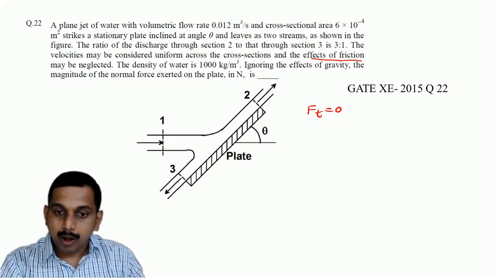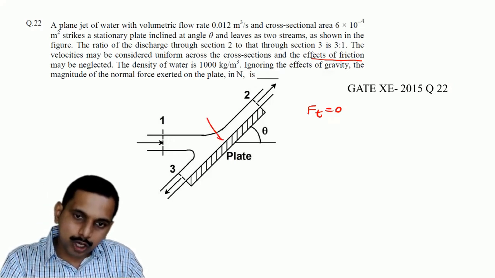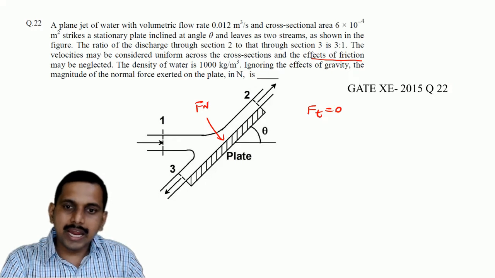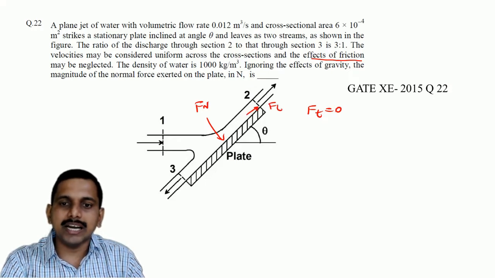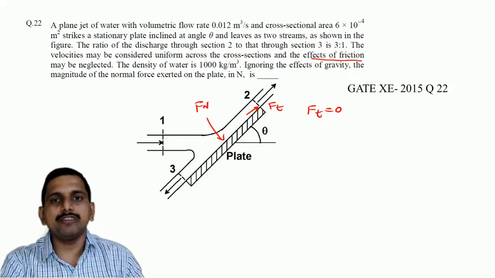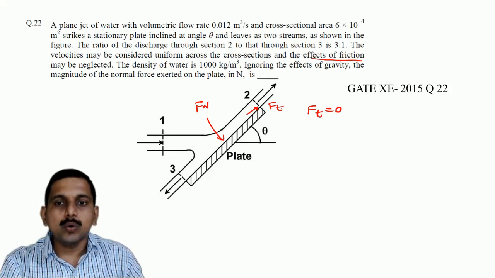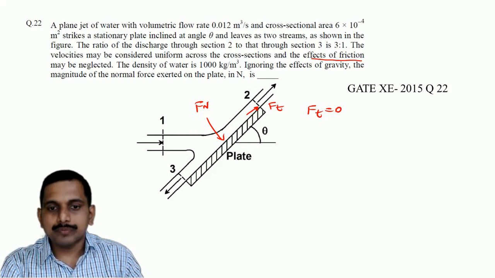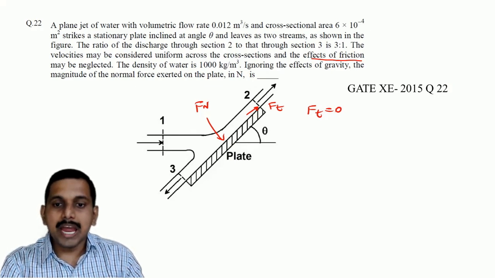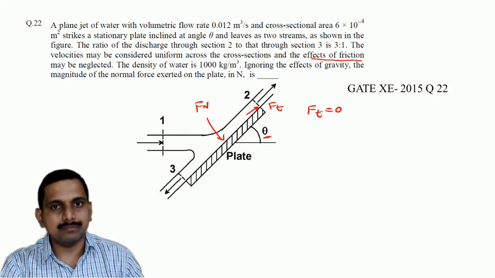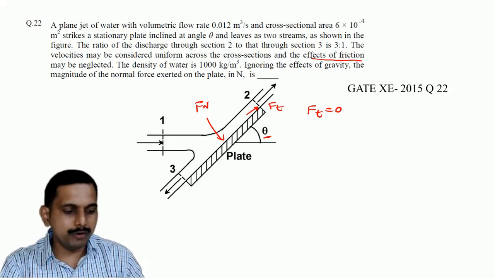That means on the plate there is one normal force Fn and a tangential force Ft, and the tangential force we are taking as 0. One of the main things is the ratio at which the flow divides, and by that we have to find theta, or if theta is given we can find the ratio. How do we do that?